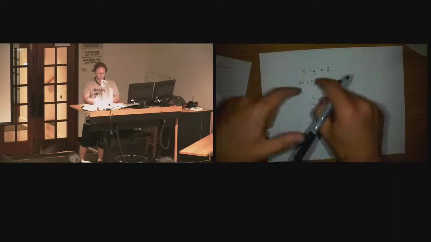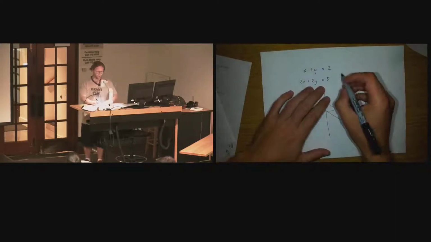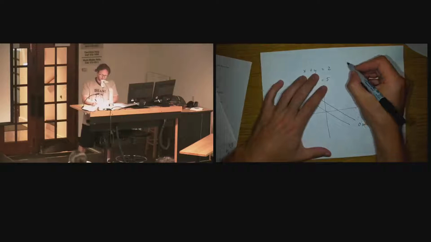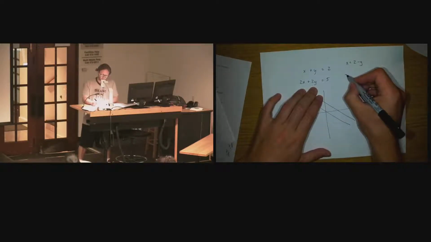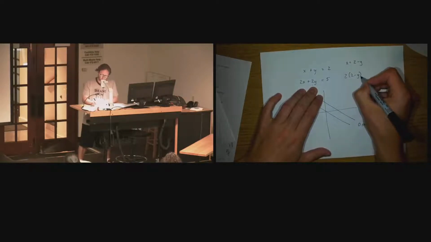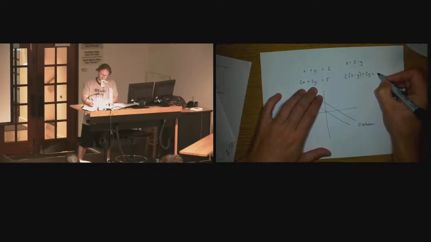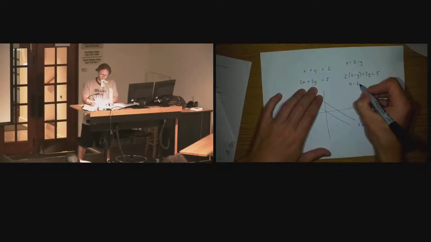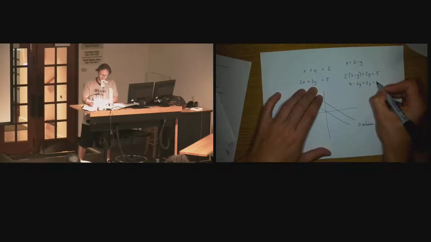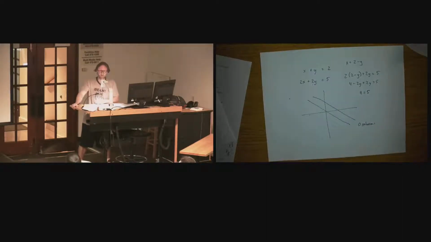And again, if you go through this process of solving this thing, let's go ahead and try it. Let's take x is equal to 2 minus y, and we'll plug that in over here. 2 times (2 minus y) plus 2y is equal to 5. So 4 minus 2y plus 2y is equal to 5. These cancel out. Hey, I learned something else today. That 4 is equal to 5.